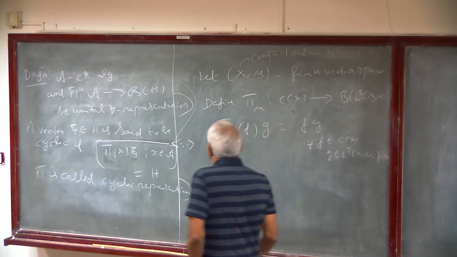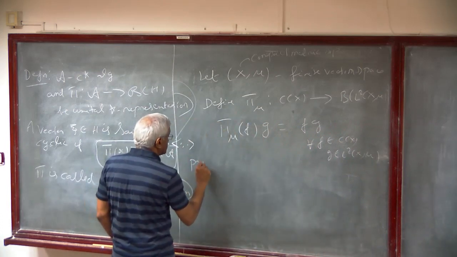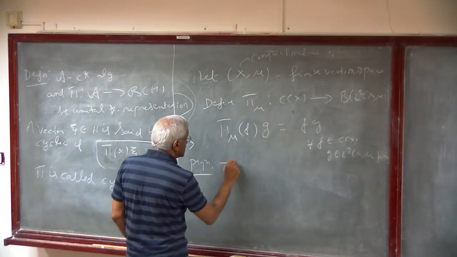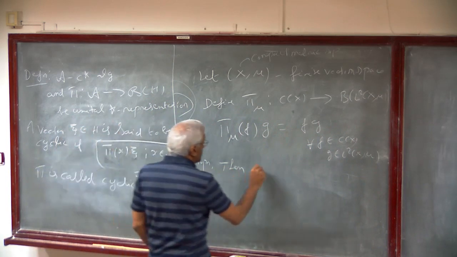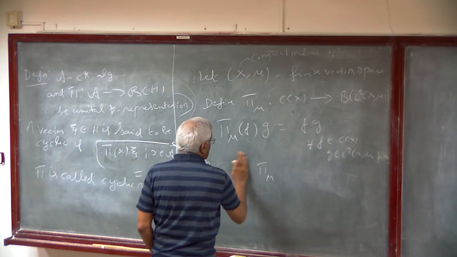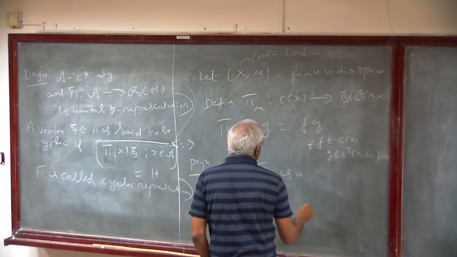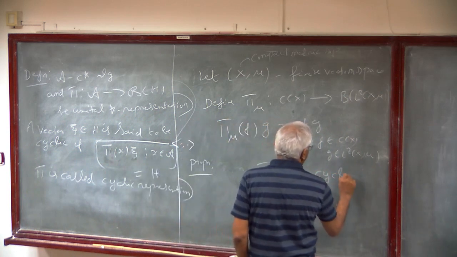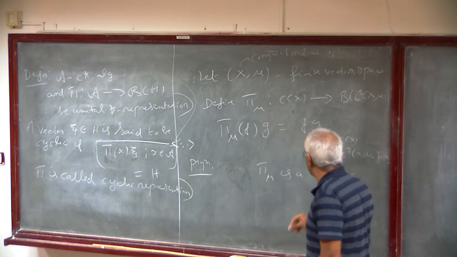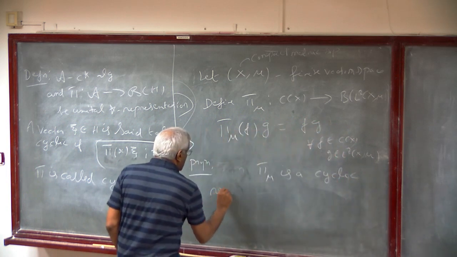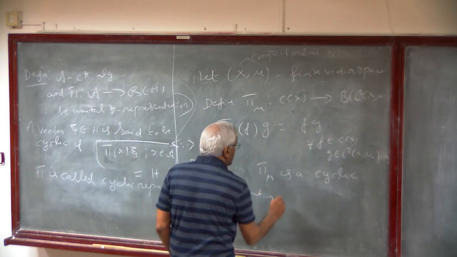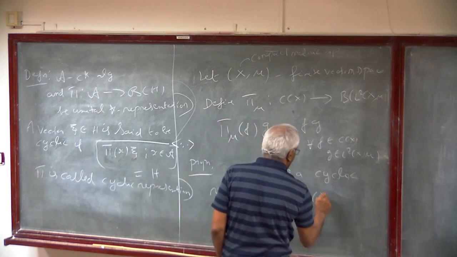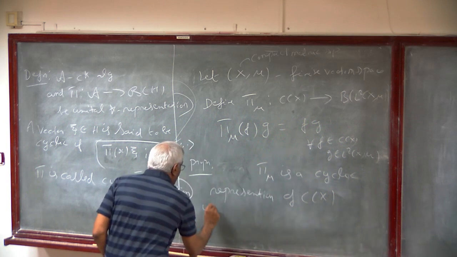Then we claim π_μ is a cyclic representation with a cyclic vector. I mean, you have to verify it's a representation to start with.